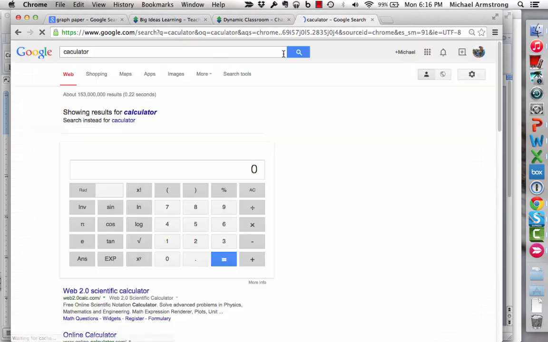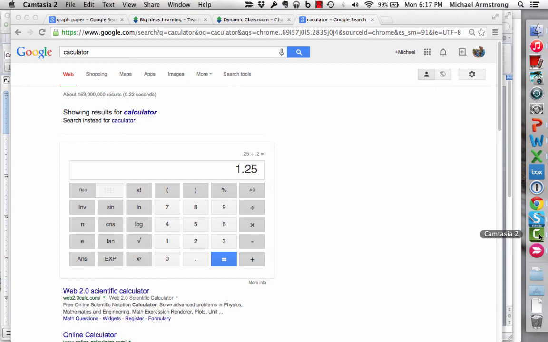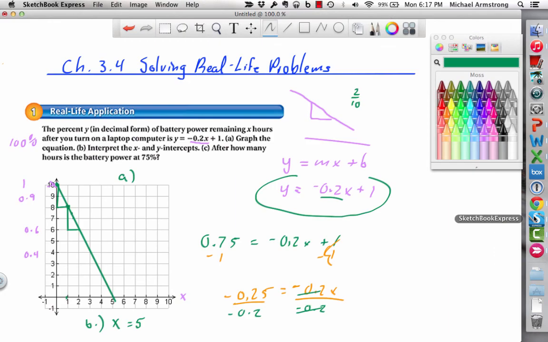Google has a calculator, right? Here's our Google calculator. So we're going to go 0.25, which is 25%, divided by 0.2, and we get 1.25. All right, do you see that? Now we're going to run back over here just to look at it real quick at our sketchboard.